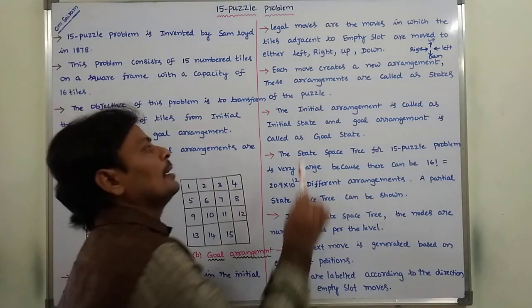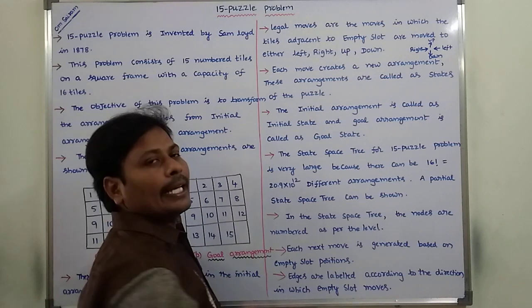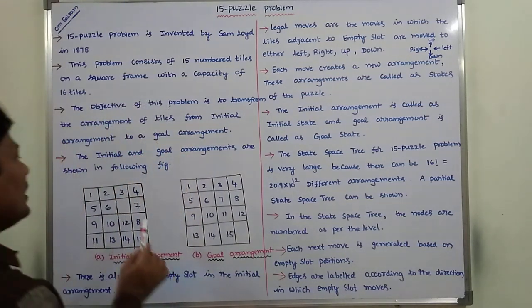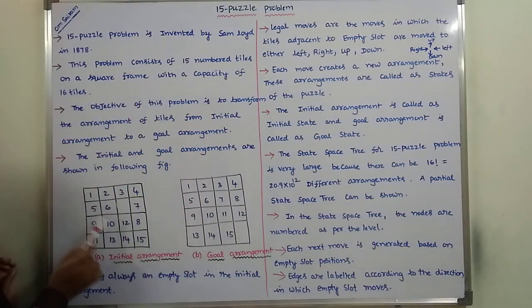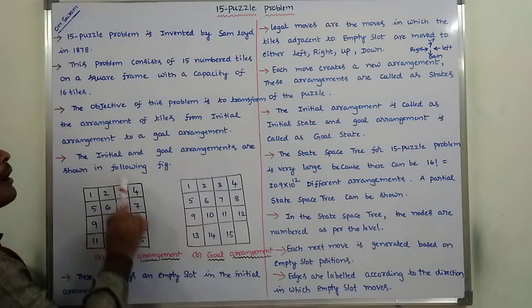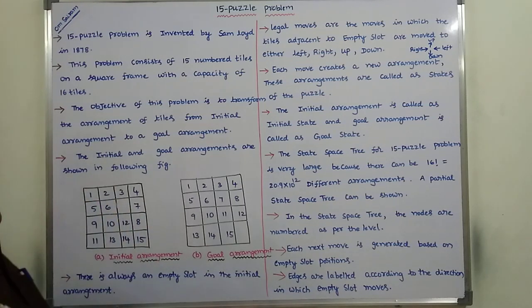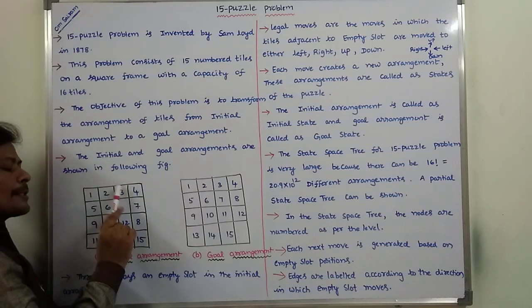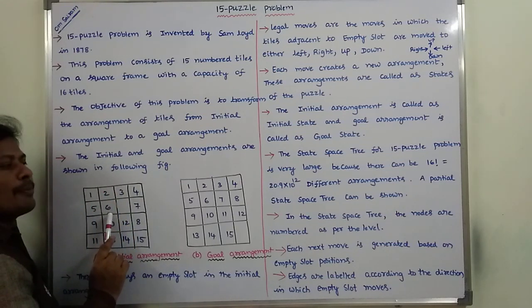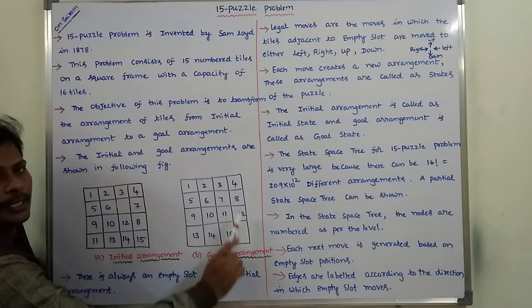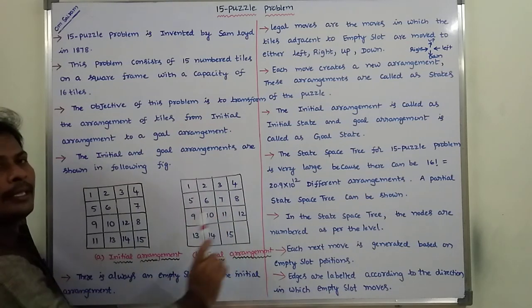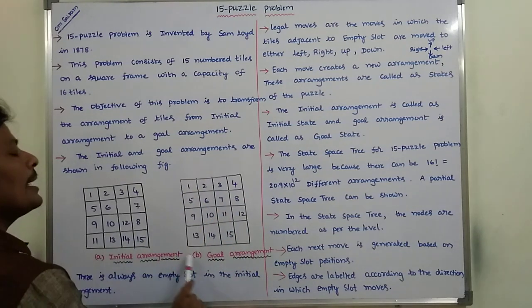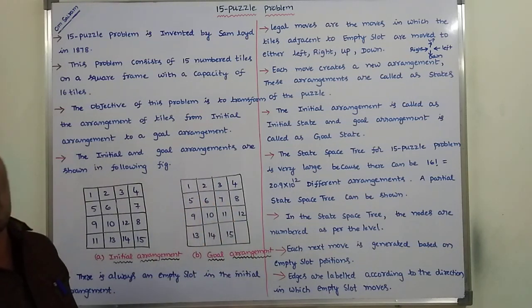Next one. The initial arrangement is called the initial state. This is one arrangement, called the initial arrangement, and it is also called the initial state. Now our objective is to transform this initial arrangement to the goal arrangement. This is the goal arrangement, and it is also called the goal state.